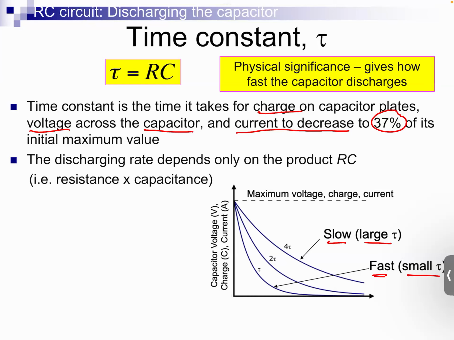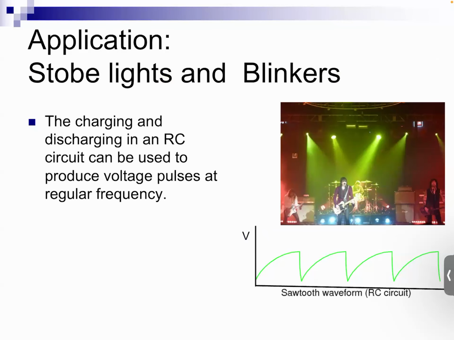So the RC circuit is actually quite important. In fact, any electronics that operates intermittently, like for example strobe lights and blinkers, have an RC circuit in them. The blinking of the lights is controlled by an RC circuit, right?